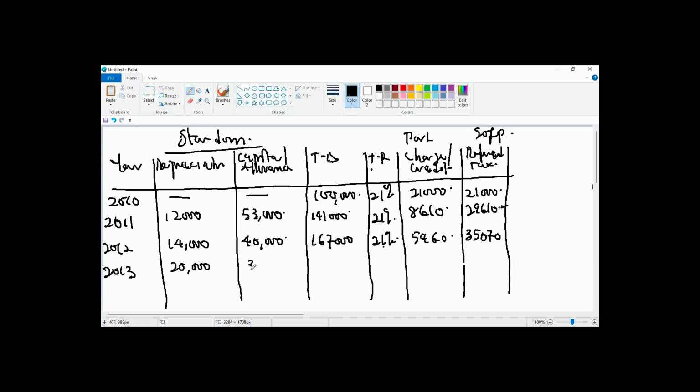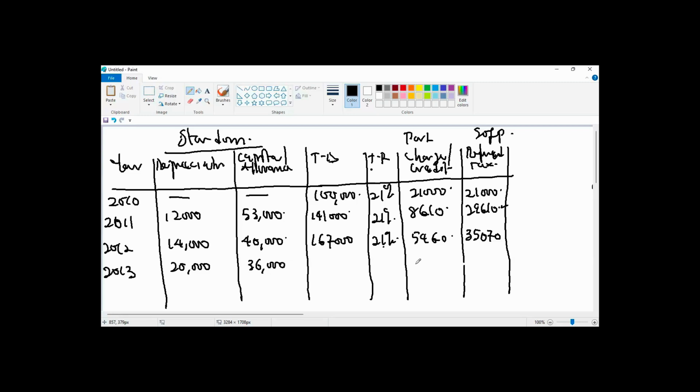That is 6,000. I can multiply the difference. You see a charge of 16,000 times 21%. That's 3,360. Which one should we prepare?